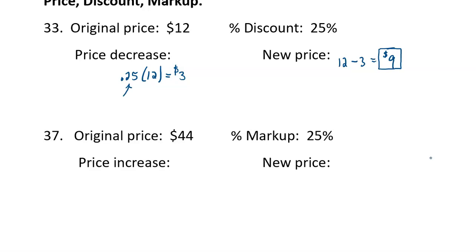What is the amount of the price increase? So 25%, but in its decimal form, multiplied by the price. That's $11. So what would be the new price? 44 plus 11. This is $55.